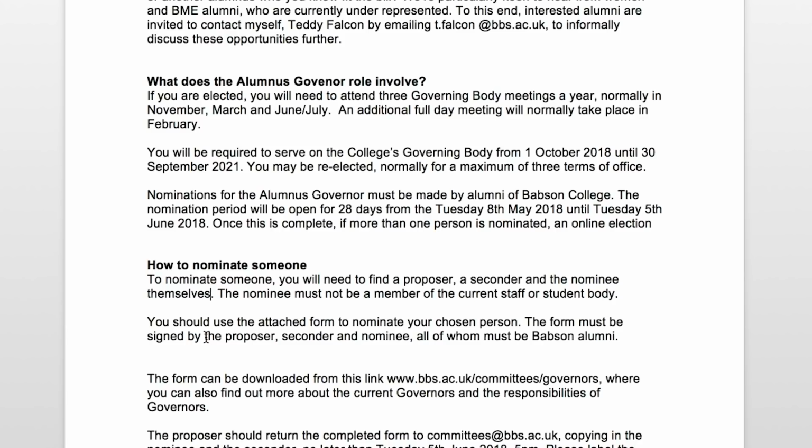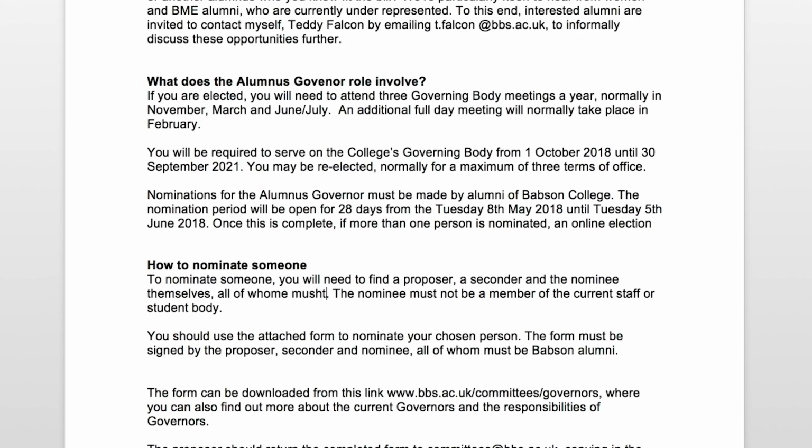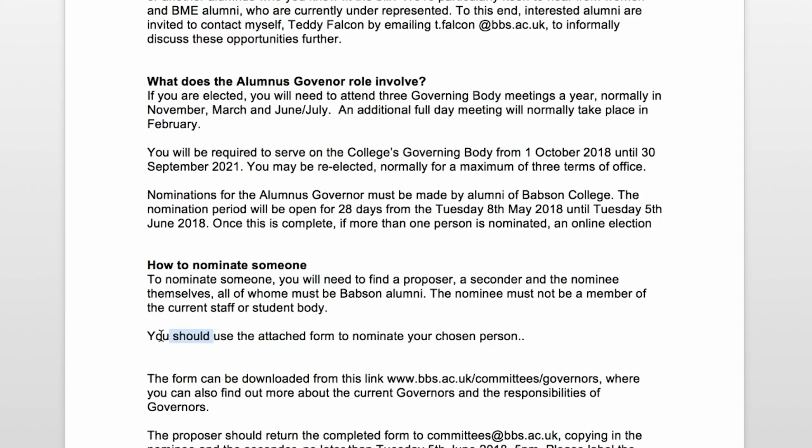To nominate someone, because I might have got that far and gone, oh, I'll get my husband, who's not an alumni, to propose me, and that wouldn't be allowed. So, to nominate someone, you'll need to find a proposer, a seconder, and the nominee themselves, all of whom must be Babson alumni. The nominee must not be a member of the current staff or student body. You should use. Let's make that: please use.